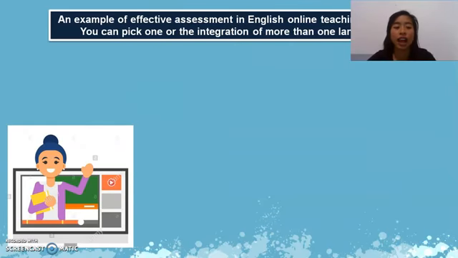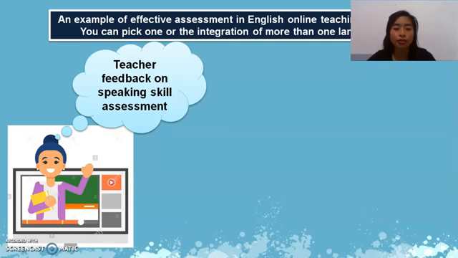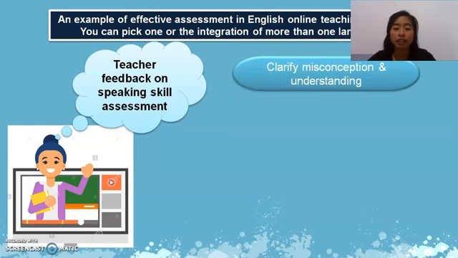The next question, an example of effective assessment in English online teaching and learning. You can pick one or an integration of more than one language skill. So, I choose teacher feedback on speaking skill assessment, because with this feedback the teacher will clarify misconceptions and misunderstandings of the learner, since when the learner answers, there may be misconceptions.